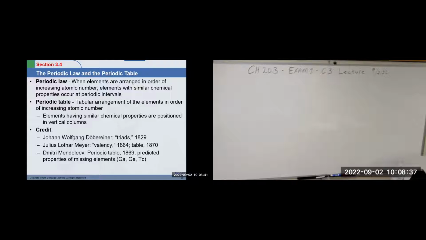Say he was looking at gallium, and the next element that was known was arsenic. They didn't know germanium. Then it should have gone here, right? But he noticed that its characteristics were more like these guys. It should go in that family. So he skipped it. So there should be an element in there that we haven't found yet.